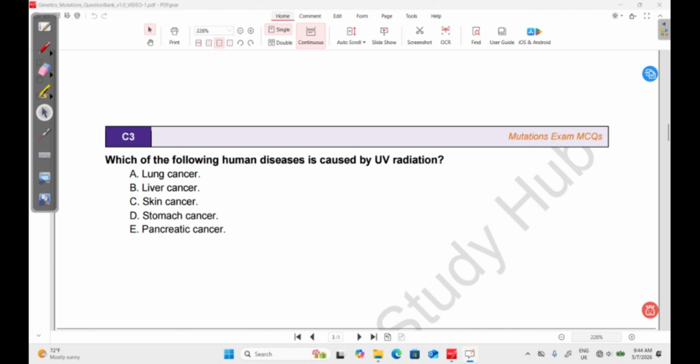So you can't get your liver cancer just by being exposed to the sun. This liver cancer is happening intracellularly, so within the cells. It's something that's causing an insult or an injury to the liver that's causing your cancer. Same applies to your stomach and your pancreatic cancer.